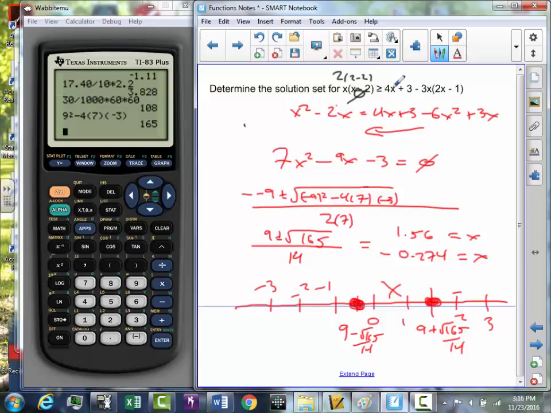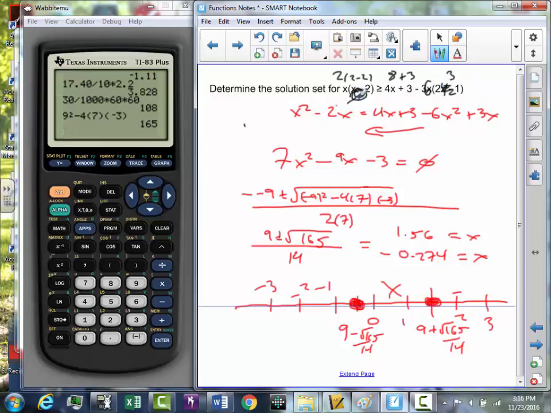For this one here, you'd have 4 times 2, that'd be 8. You'd add 3. This 3 times 2 would give you a 6. That 2 times 2 would give you a 4. 4 minus 3 would make it 3. Is it able to follow kind of how I'm pulling this off? So I would say that 6 times 3 is 18. So you're going to do 8 plus 3, which is 11, minus 18, minus 7.